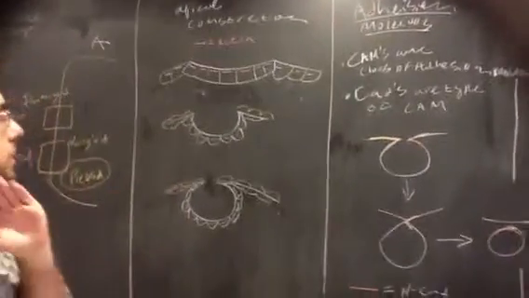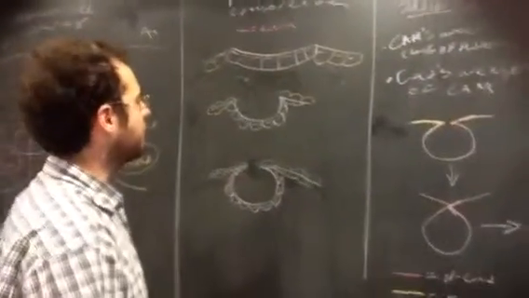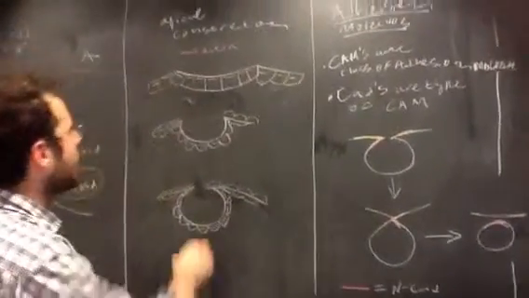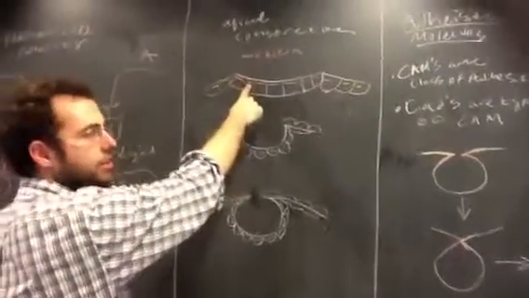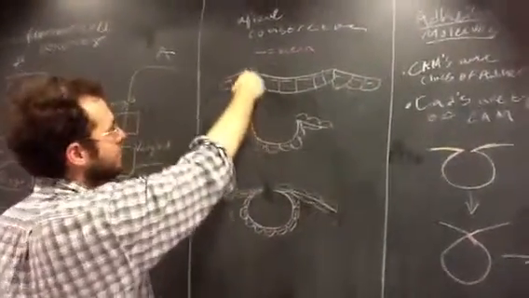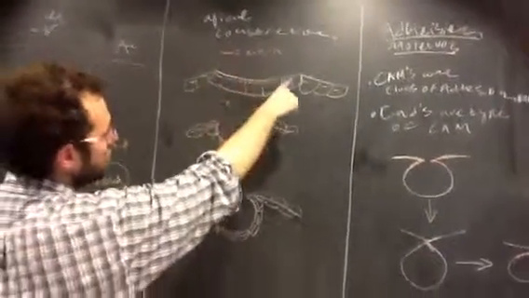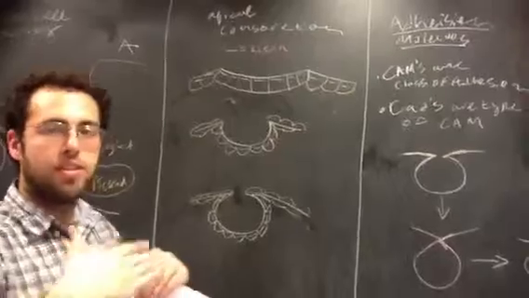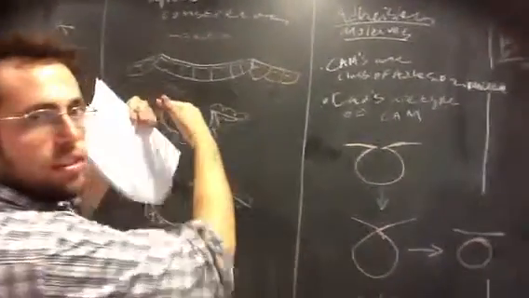So the next thing is apical constriction. And this is really, really important for the closure of neural tubes. How this happens is there's a band of actin at the top of the cell, and that's what these lines represent.